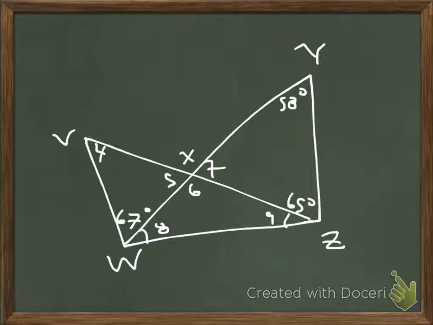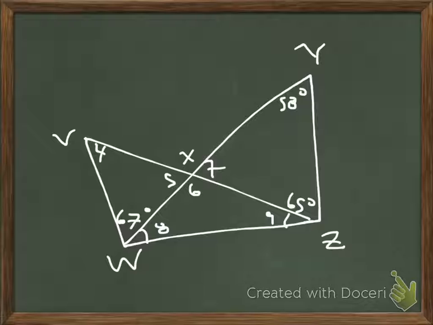Okay, now we have another figure, and we're going to be doing the same thing. We can start with whatever looks the easiest to find here. In my opinion, I would start with triangle XYZ because, again, you're given 2 out of the 3 angles.